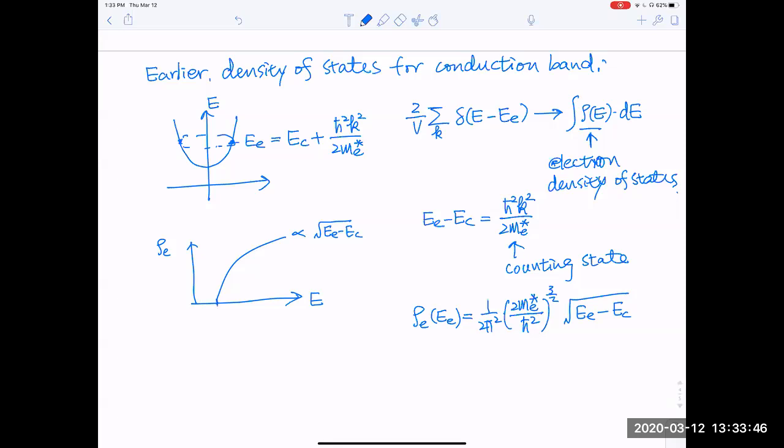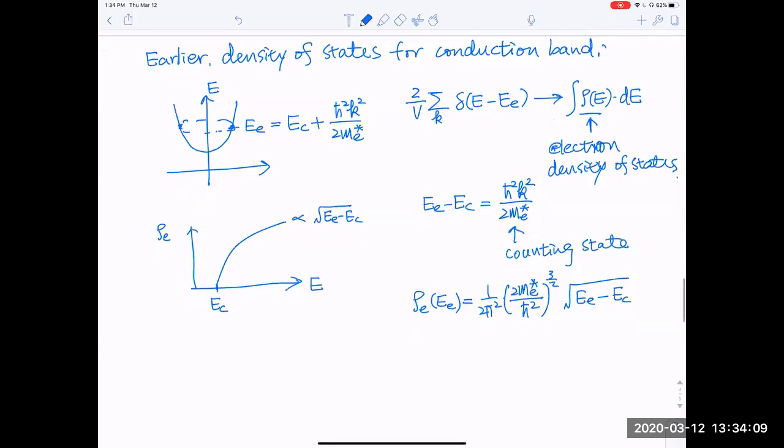So there's no energy state until the electron energy is greater than the conduction band edge, and then it's a square root dependence.